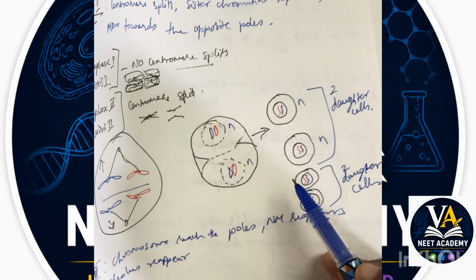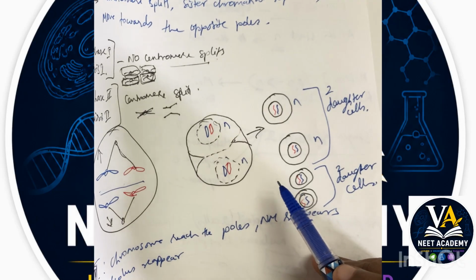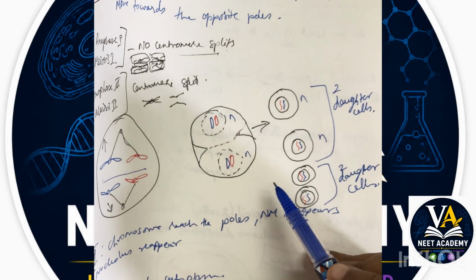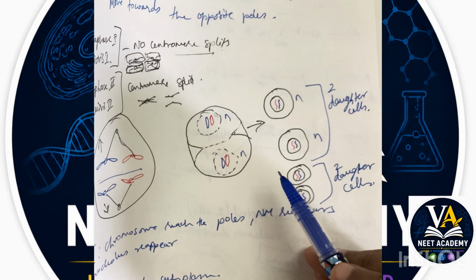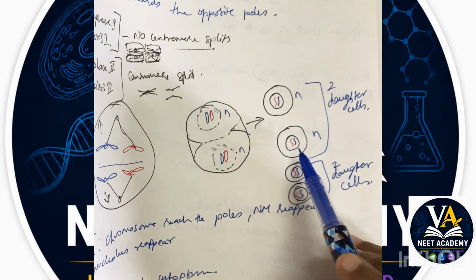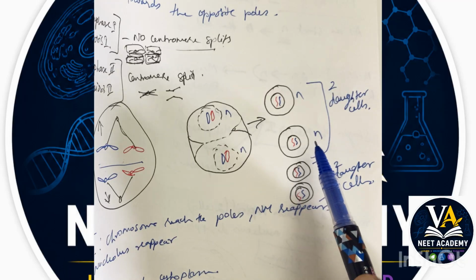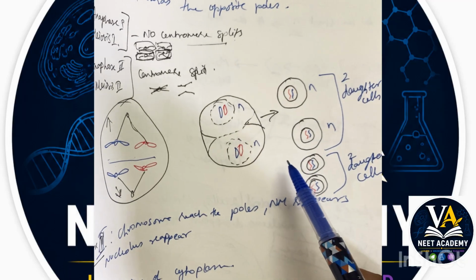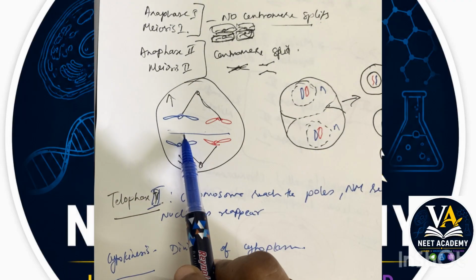In meiosis I, the result was N, but the sister chromatids were still together, so you cannot say it is haploid. Here the chromosome number has actually reduced, giving you the haploid, because the separation of the sister chromatids has happened.